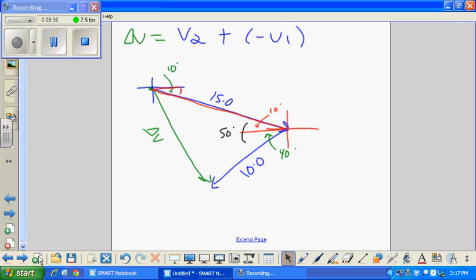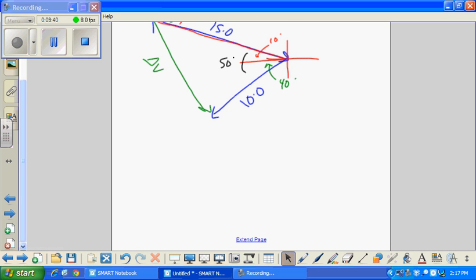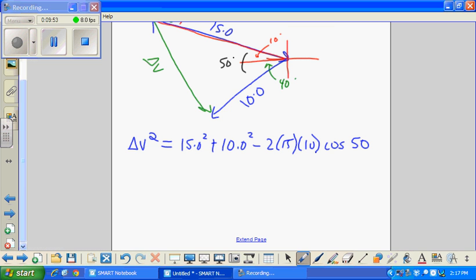Knowing that, we can simply apply the cosine law to find delta V, where delta V squared, magnitude only of course, is going to be 15 squared plus 10 squared minus 2 times 15 times 10 times cosine 50. Again, just cosine law. You can solve that on your own, or you can trust me that delta V in magnitude is approximately 11.5.